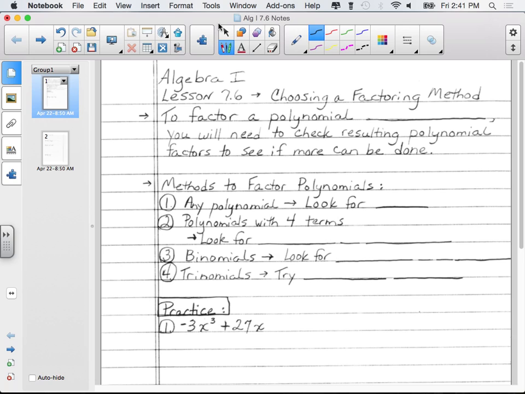So it's basically like we're in Inception where we factor within a factor within a factor. To factor a polynomial completely, after we've done factoring it once, we check to see if any of the new factors can also be factored.